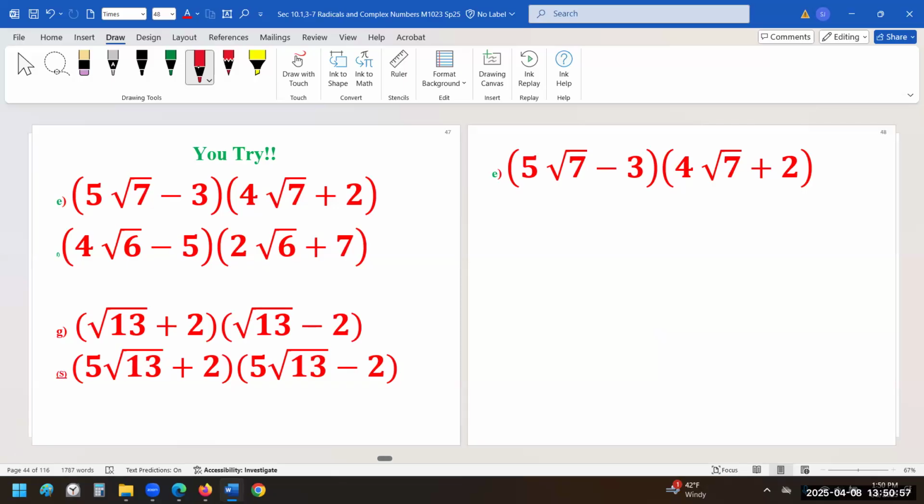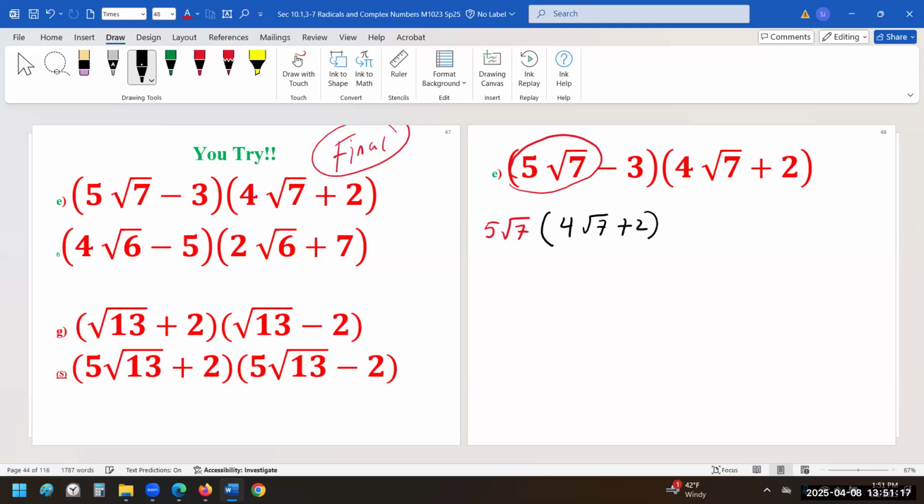Remember, definitely one of these will be in the final. Definitely. So, as we did before, we take the first element in the first binomial and we multiply the entire second binomial. This line is optional. If you are not used to writing this, no problem.